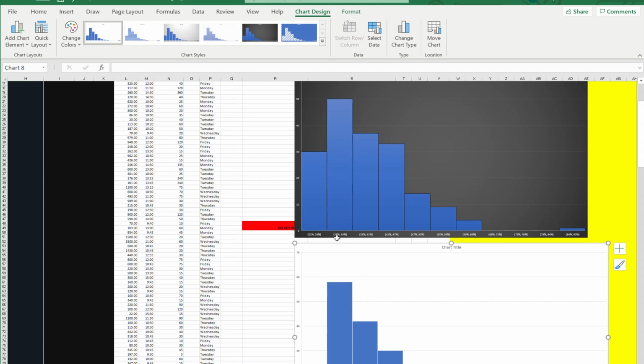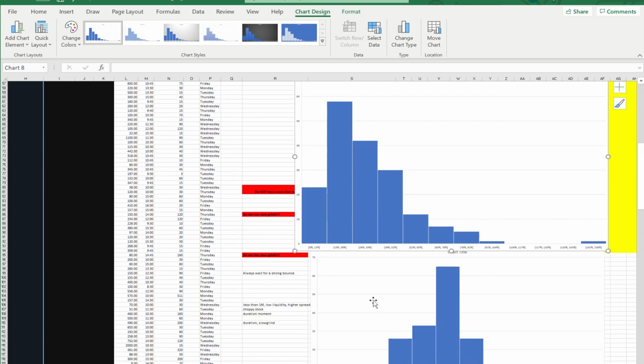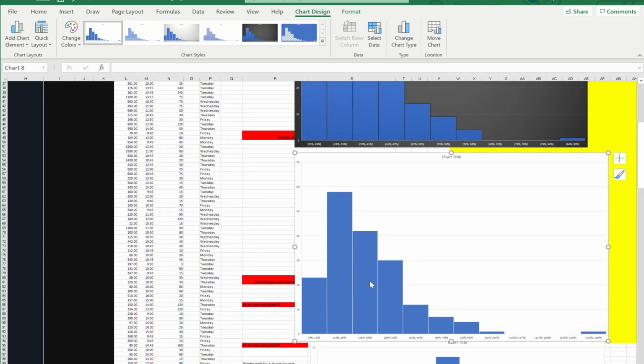So it drops 35% and 41%, and what do we see? That most of the time, if your drop is on the lower spectrum, let's say it only dropped 22%, guess what? Your bounce is only going to be 13%.